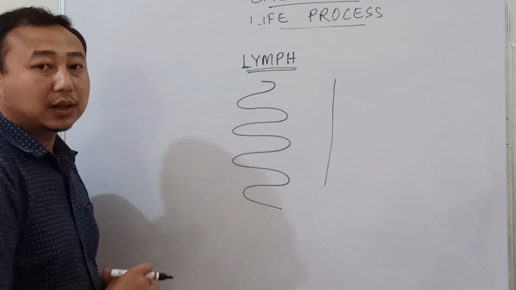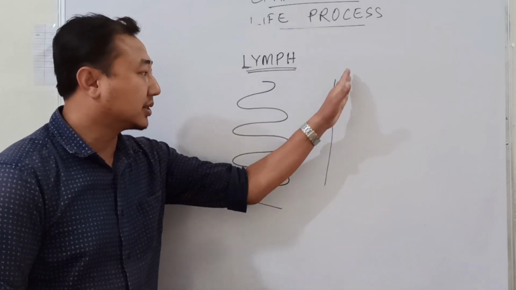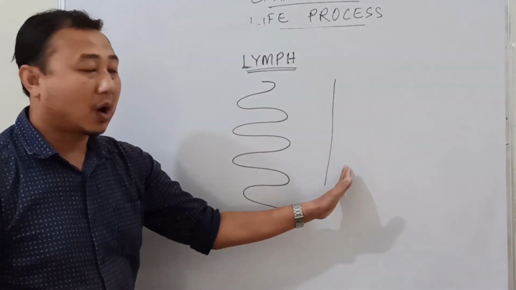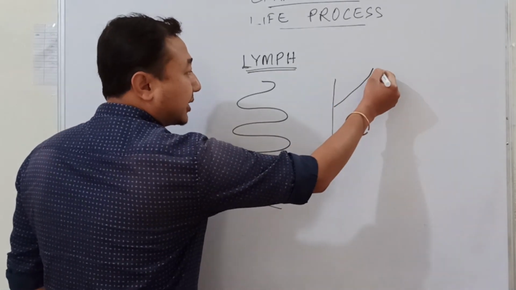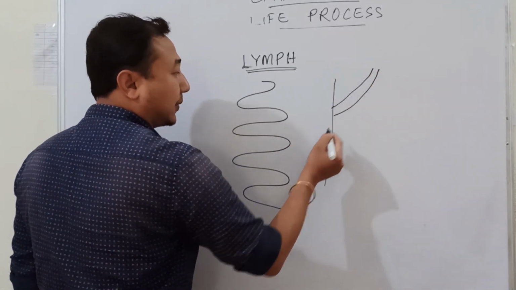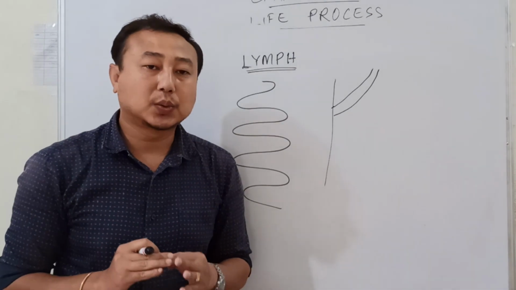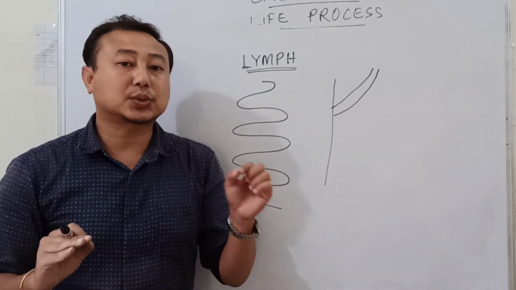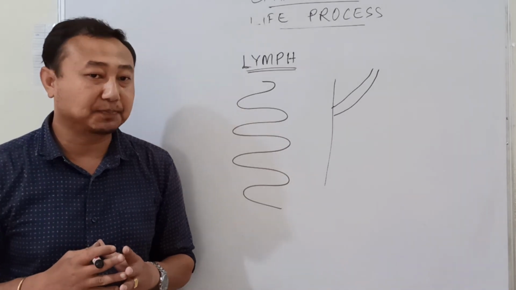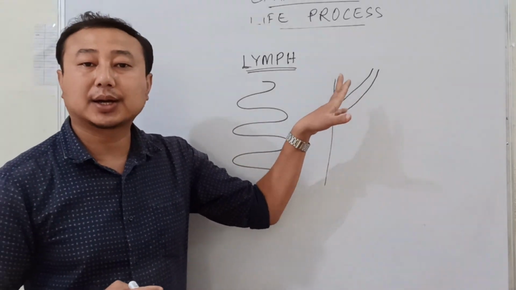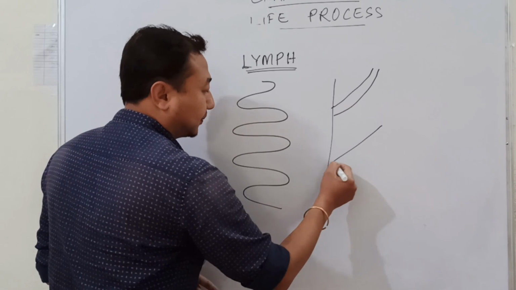This is the inner wall where there is the presence of villi, and this is the outer wall of the intestine. The outer wall of the intestine is connected with the blood vessels. The smallest blood vessels which connect the main blood vessels with the tissues or the cells are known as the capillary. So the one which I am drawing here is the capillary of the blood.